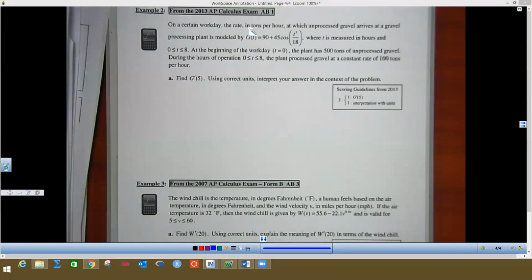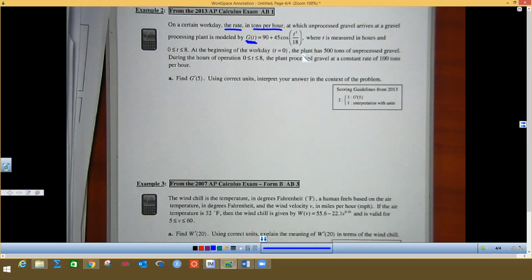On a certain workday, the rate in tons per hour, so this is already a rate, it's already a first derivative basically, at which unprocessed gravel arrives at a gravel processing plant is modeled by this, where t is measured in hours, from 0 to 8 hours.